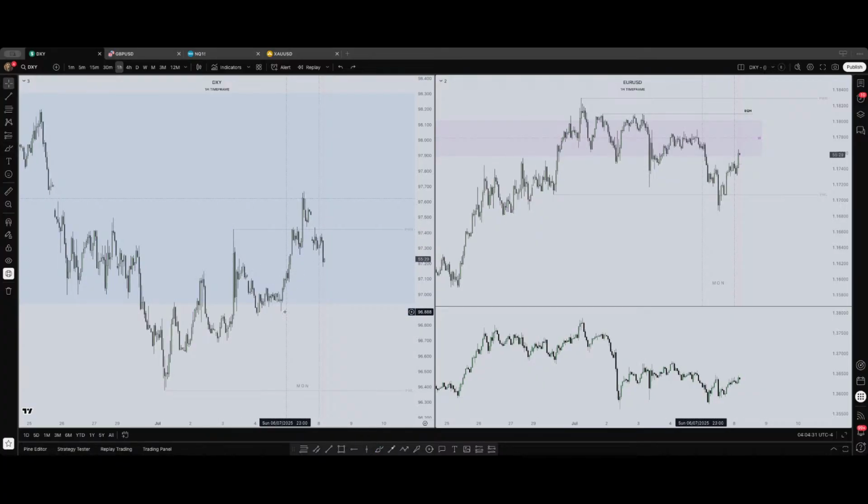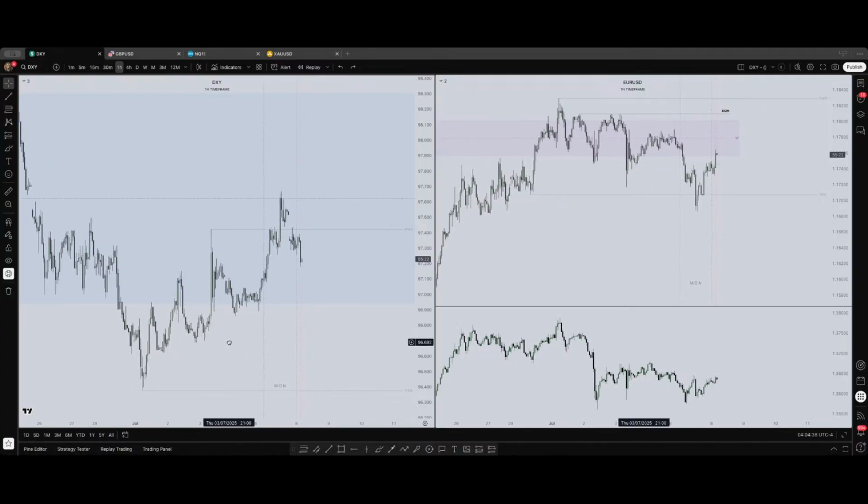Normally I take this as a manipulation movement. If you're aware of the power of three concept, you understand what I mean. Power of three is manipulation, accumulation, and distribution.